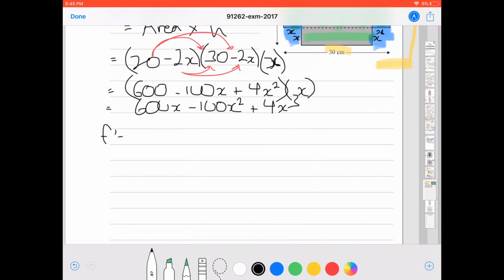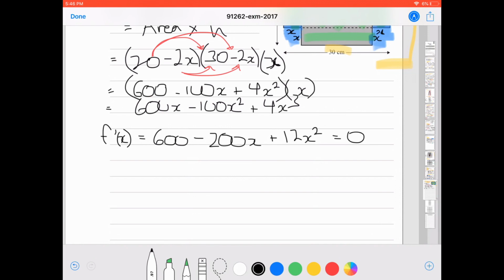Let's say f dash of x equals 600 minus 200x plus 12x squared. And we're going to set that equal to 0 because, again, they're talking about maximums. And the gradient at a maximum is 0.